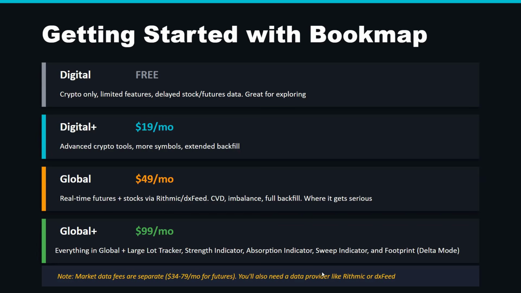It could be anywhere from 34 to 79, depending on how many different market data providers you are using. Truthfully, it's not cheap, but once you give it a go and you actually understand how Bookmap works, it's very, very hard to go back to only candlesticks.